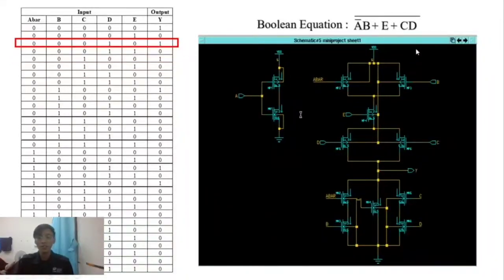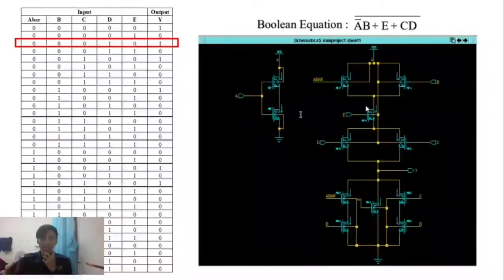Based on the theory, in the PMOS section, when the input is 1, it becomes an open circuit, which means the VDD cannot go through that input. In this case, D is 1. So how can the VDD go through to the output? It will go through the C input and then to the output.